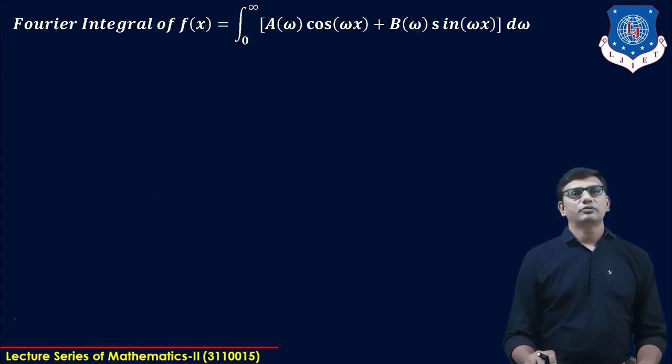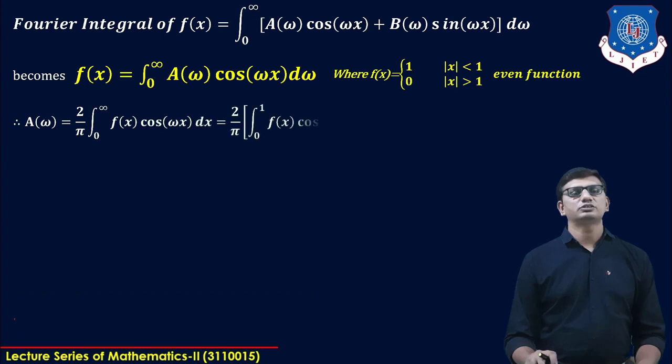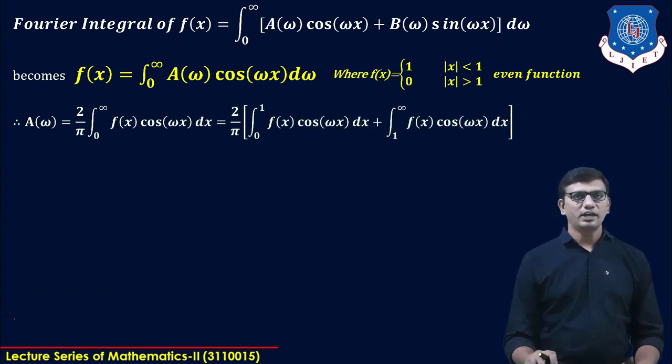This is the formula of the Fourier integral, and we put b omega equal to 0 because our function is an even function. Therefore f x equals integration 0 to infinity a omega cos omega x. Now a omega is divided into two parts, therefore it is 2 by pi integration 0 to 1 f x cos omega x dx plus integration 1 to infinity f x cos omega x dx.